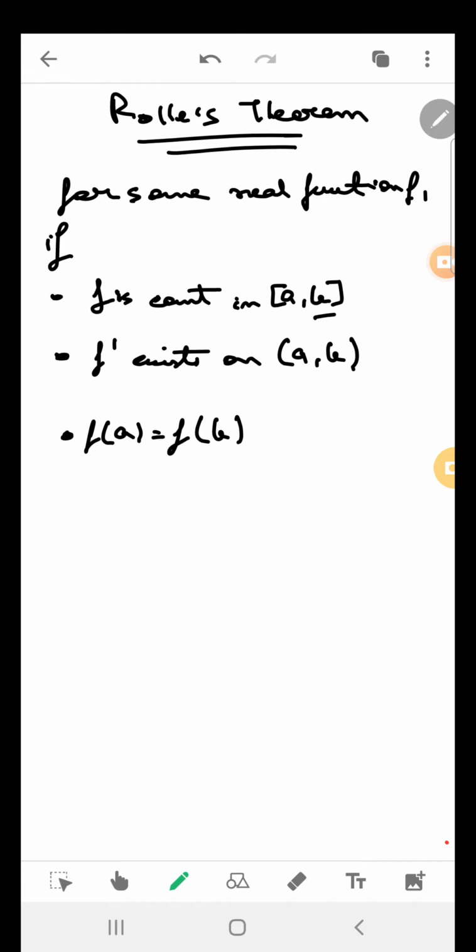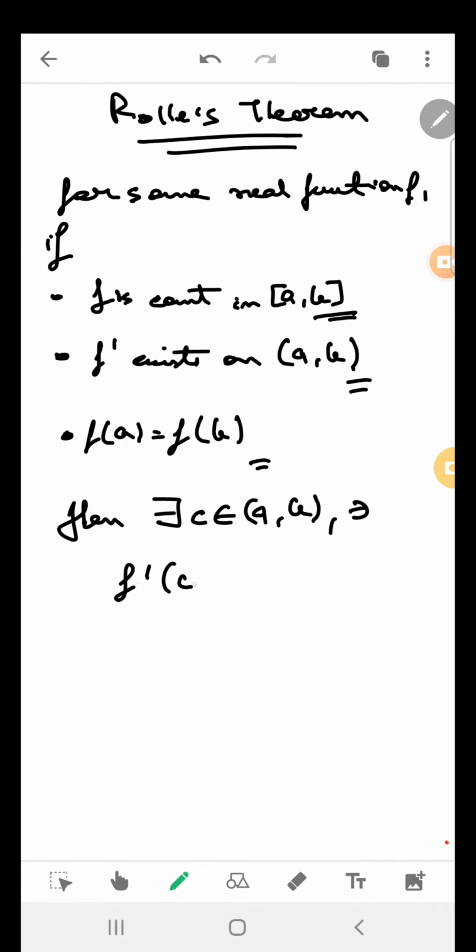Okay, so if these three conditions are true, that is f is continuous in [a, b], f' exists in (a, b), and f(a) equals f(b), then there exists some c belonging to the interval (a, b) such that f'(c) is equal to 0.